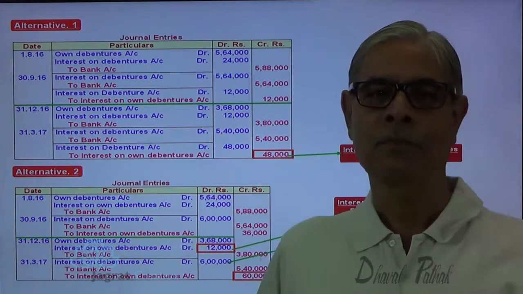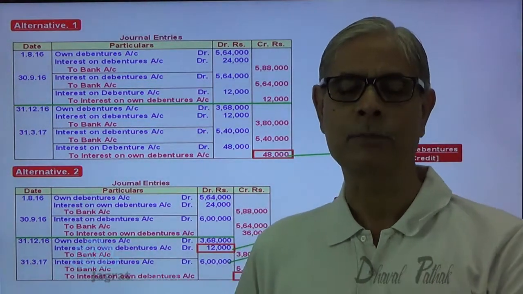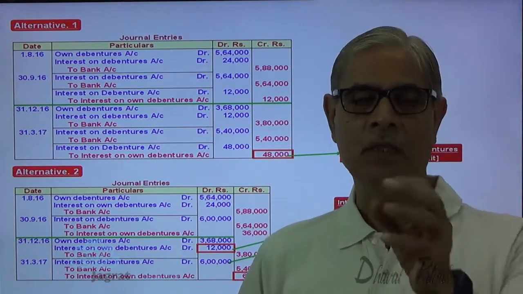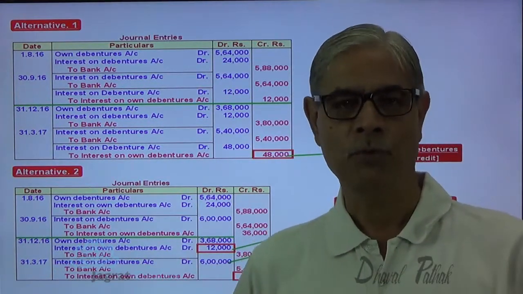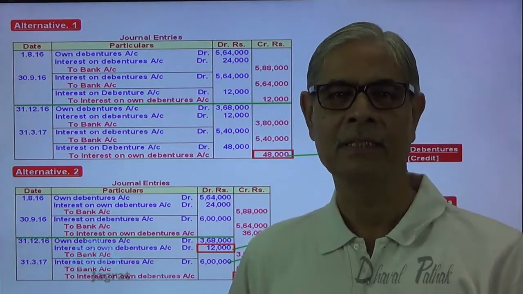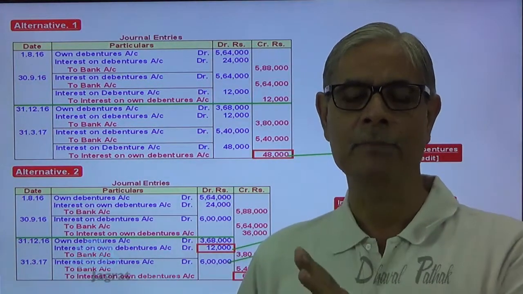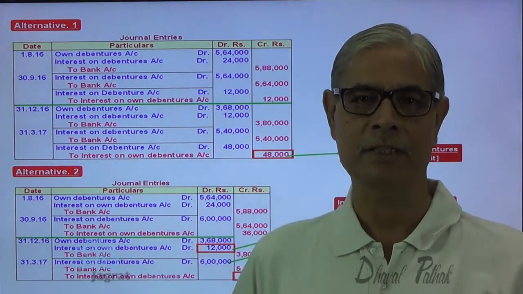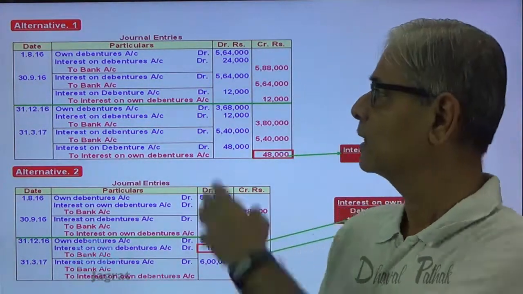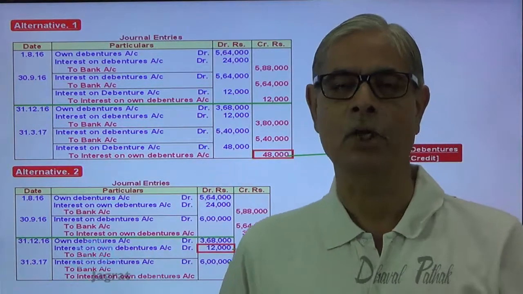This is how I wanted to explain the alternative ways of writing the journal entry for purchase of sinking fund investment in the form of own debentures. So this is the first alternative, this is the second alternative.